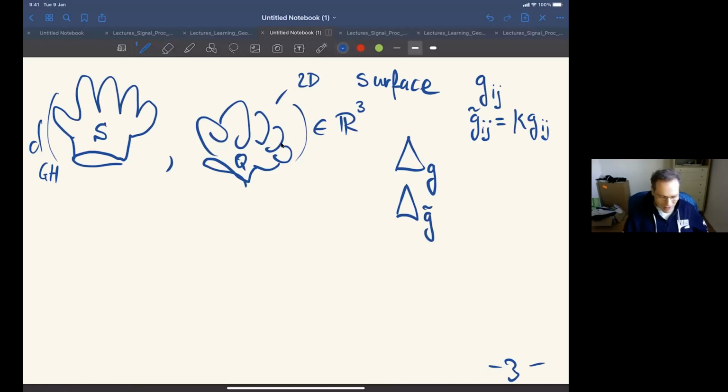Then what we showed, this was the end of my one before last lecture, was that if I'm now taking the surface S and computing the Laplace-Beltrami operator, from which I'm extracting the corresponding eigenspace, these were my psi's. And I'm also using the scale invariant Laplace-Beltrami operator, from which I'm extracting the scale invariant eigenfunctions or eigenbases.